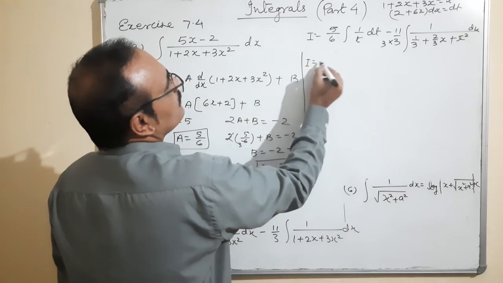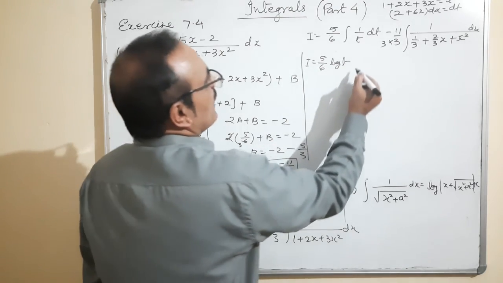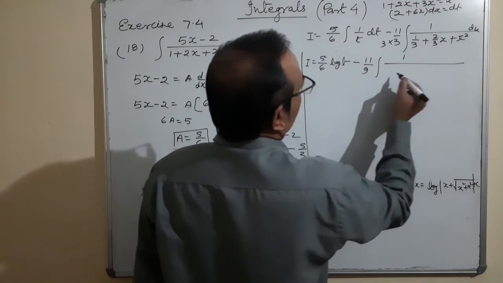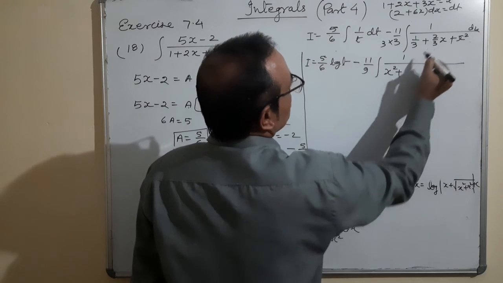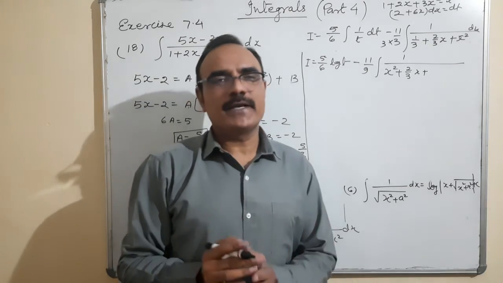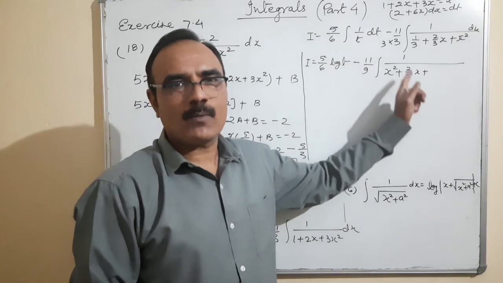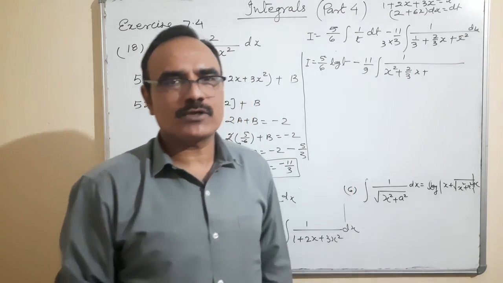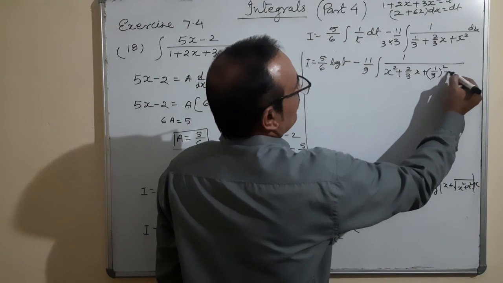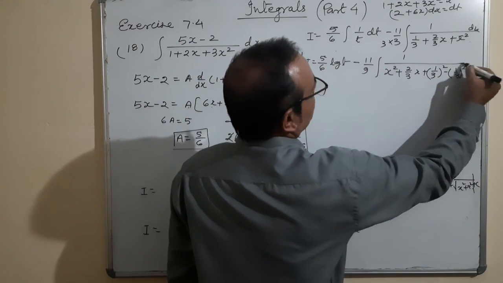I is equal to 5 upon 6 log t, minus 11 upon 9, x square plus 2 upon 3x plus, what is the procedure? For completing the square, the coefficient of x is divided by 2. 2 upon 3 divided by 2 is 1 upon 3, its whole square. 1 upon 3 whole square will be added and the same will be subtracted: 1 upon 3 whole square minus 1 upon 3 whole square, and plus 1 upon 3.